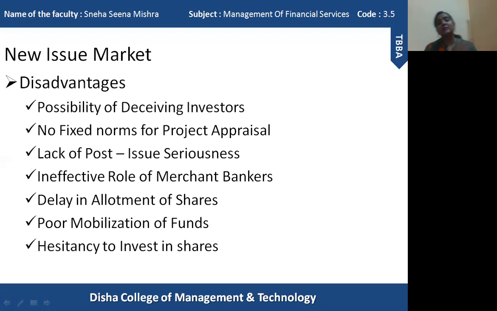Once the application is received by the company, the allotment process becomes very much delayed. There are times when the organization has to refund the money. If there is oversubscription, they have to repay the money to the investors whom they haven't allotted any shares, or whom they have allotted only a few shares. So that process gets delayed.